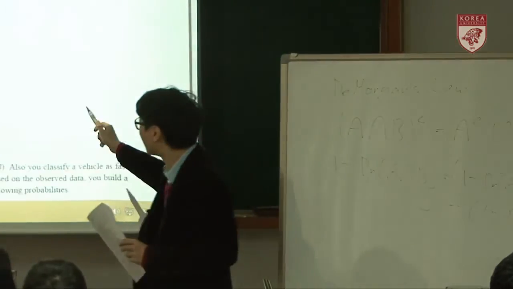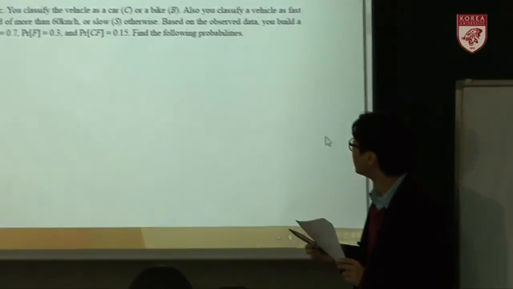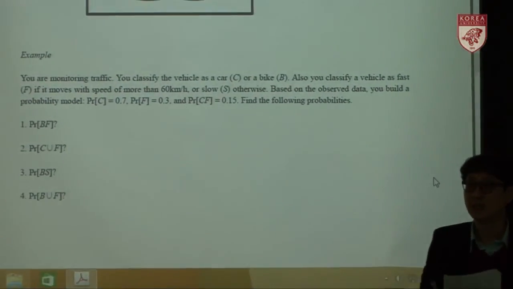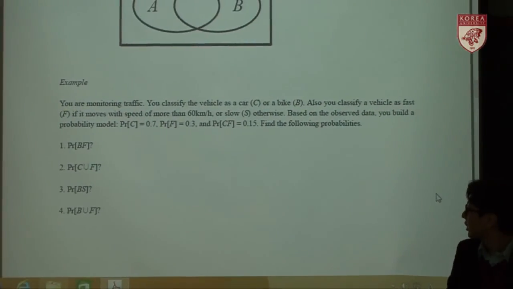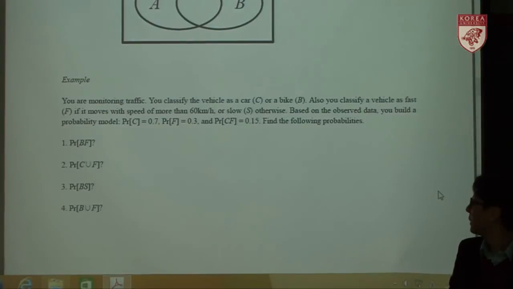Okay, so let's look at an example. Okay, this is a simple example. Let's consider you are monitoring traffic. Sometimes you have a part-time job to count how many cars move through on the road.